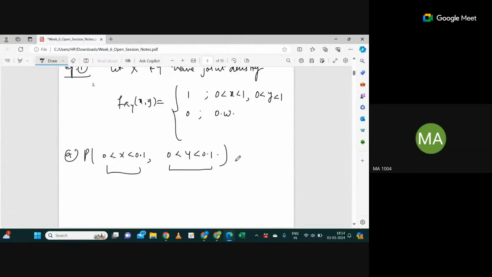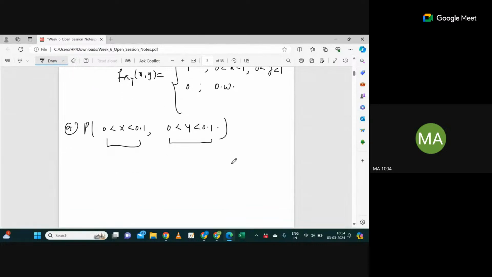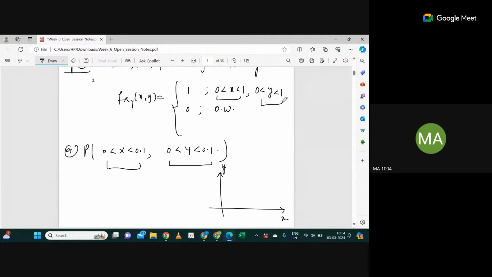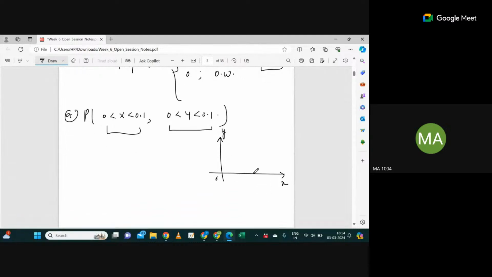Okay, so this is something we can do. How do we proceed? First of all, let's try to understand with the graph. Suppose this is x, this is y. The total support is 0 to 1, 0 to 1, so suppose this is 0 and this is 1.